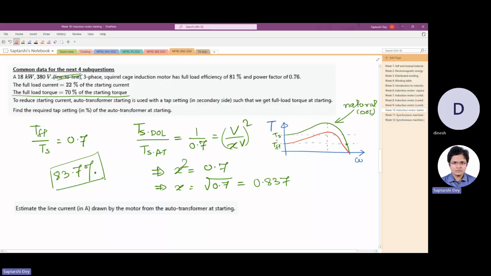So I am reducing the starting torque by 70%. So if the starting torque is reduced by 70%, that means the voltage squared is reduced by 70% because torque is proportional to voltage squared. So that gives me this equation.